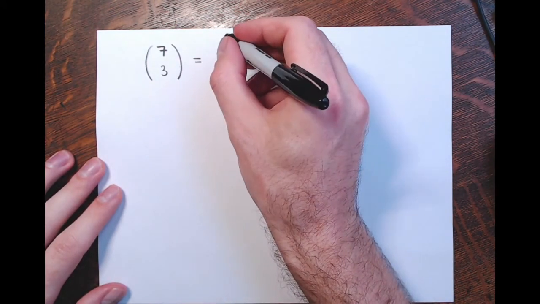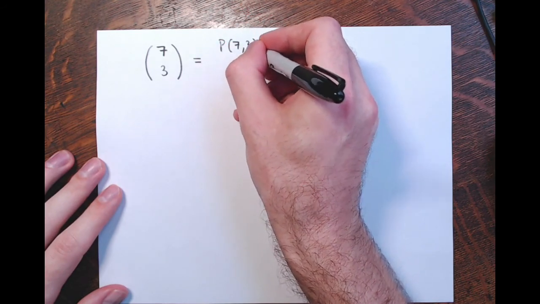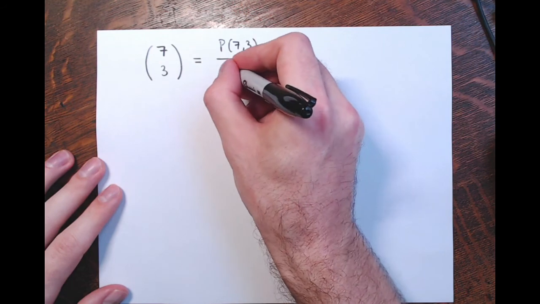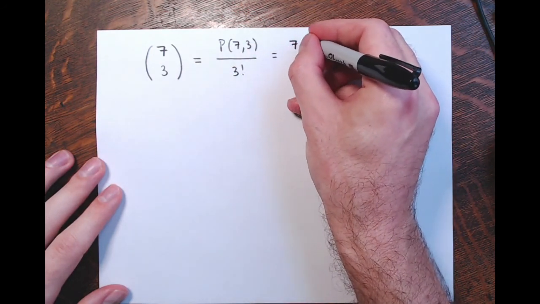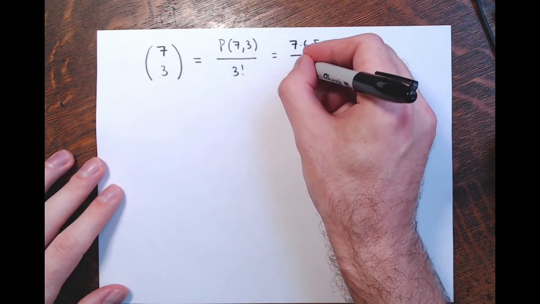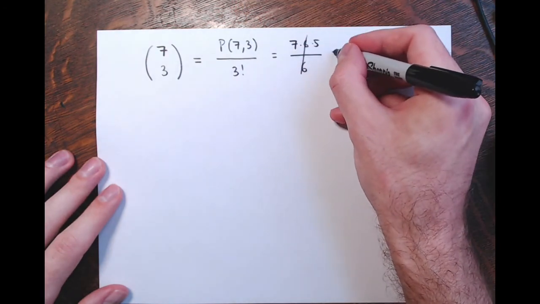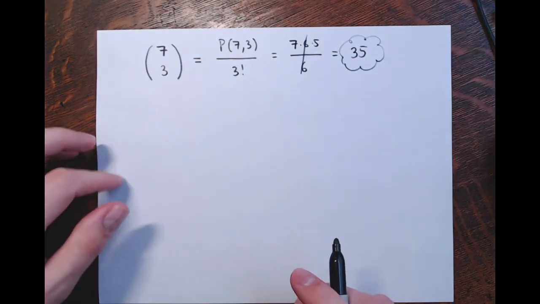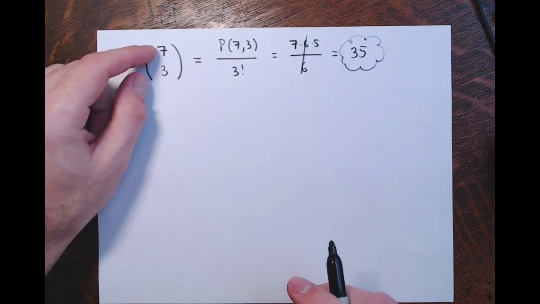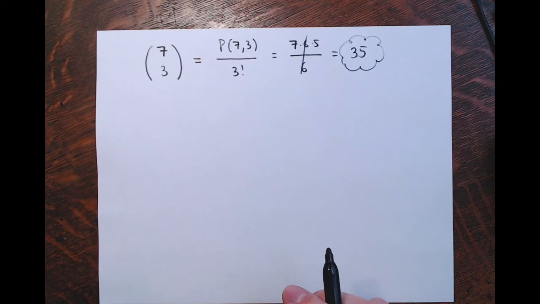So again, remember this is the number of permutations, 7P3 divided by 3 factorial. Now 7P3, that's 7 times 6 times 5, divided by 3 factorial, which is 3 times 2 times 1, that's 6, and then the 6's cancel, you have 7 times 5, 35. So if you have a set with 7 objects, and you're asked how many ways can I choose 3 of them, make 3 subsets, there'd be 35 different ways to do that.